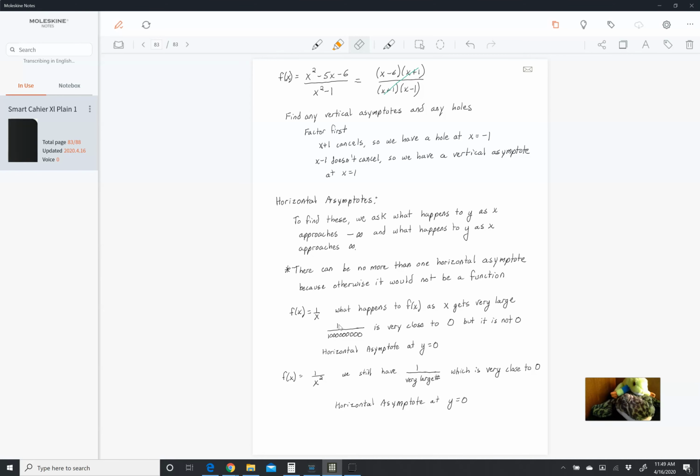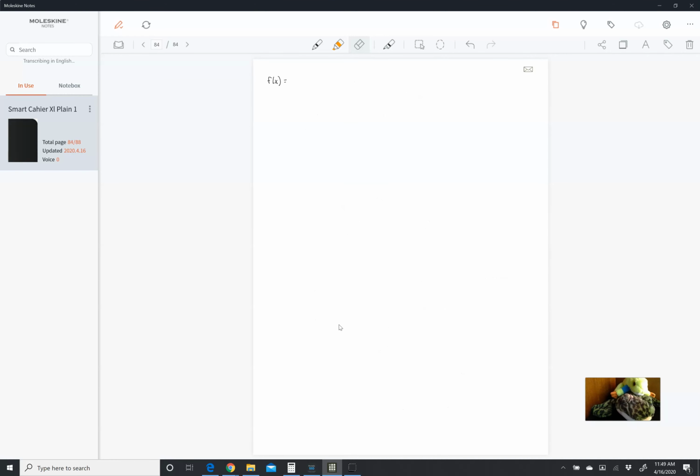Let's take another example. Let's say that we have f of x is equal to x over x cubed. Okay. Well, once again, we can simplify this. This is the same thing as 1 over x squared. Okay, one of the x's cancels. And once again, as x gets very, very large, we still have 1 over a very large number.